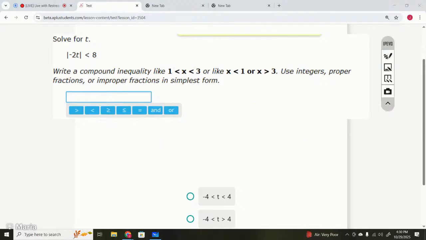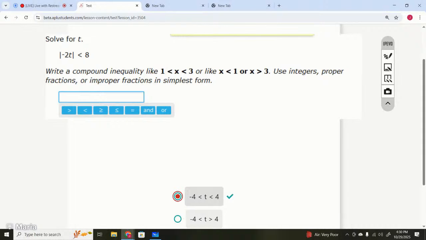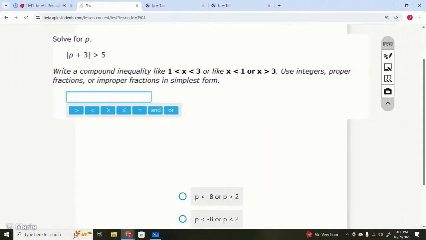That is negative 4 is less than t and t is less than 4. Option number 1 is the correct option.